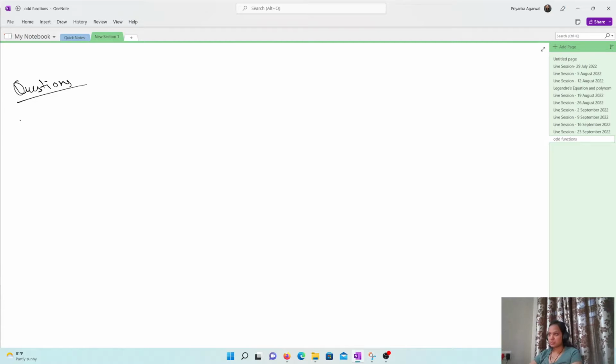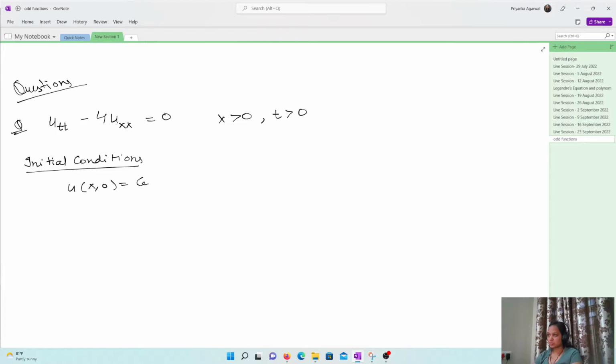Right? So let's look at this question where it is given that wave equation is this, where we know that x is greater than 0 and t is greater than 0, and we are given the initial conditions, which are u at x comma 0 equals cos square x, where x is greater than or equal to 0, and ut at x comma 0 is 0 for x greater than or equal to 0.